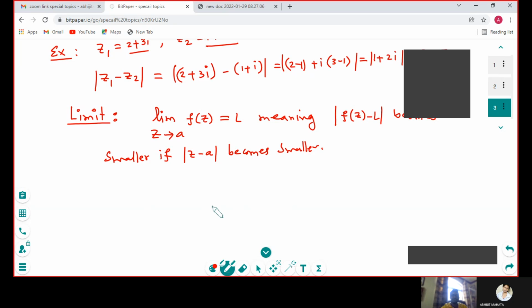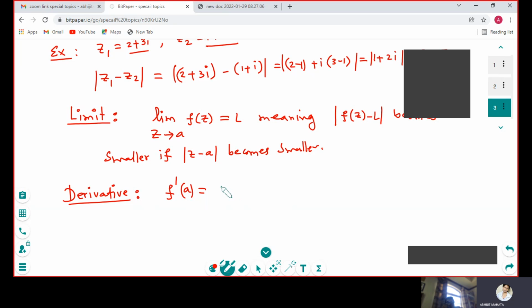Let me tell you the definition of the derivative. f is a complex valued function. The derivative of f at the point a is denoted by f dash a.